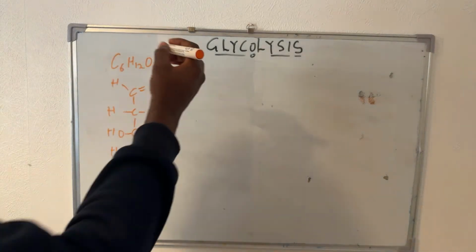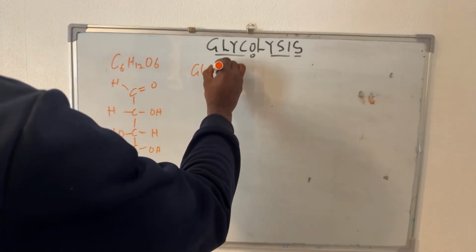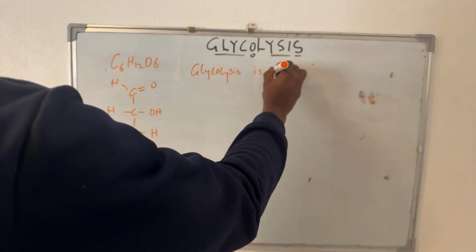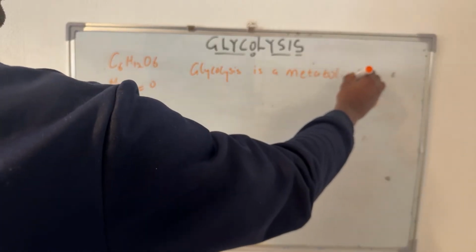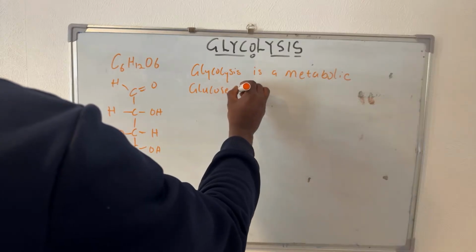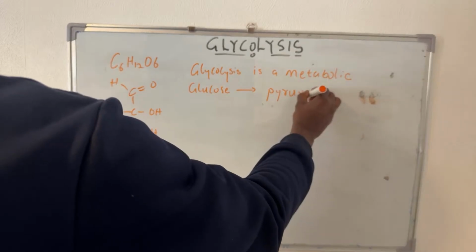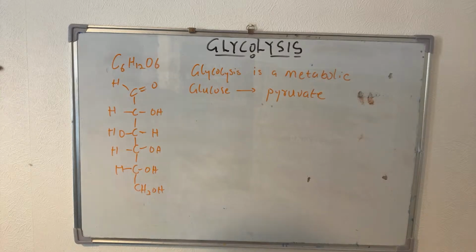So first of all, glycolysis is a metabolic process where glucose is converted to pyruvate. That is the end product.